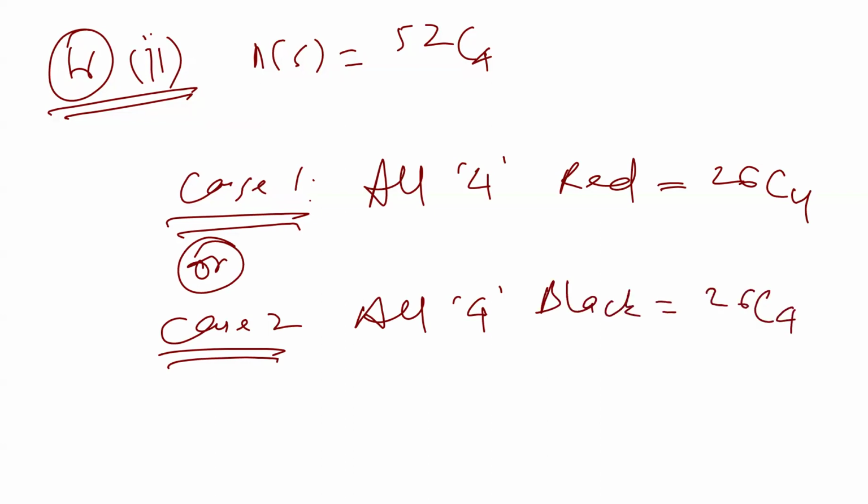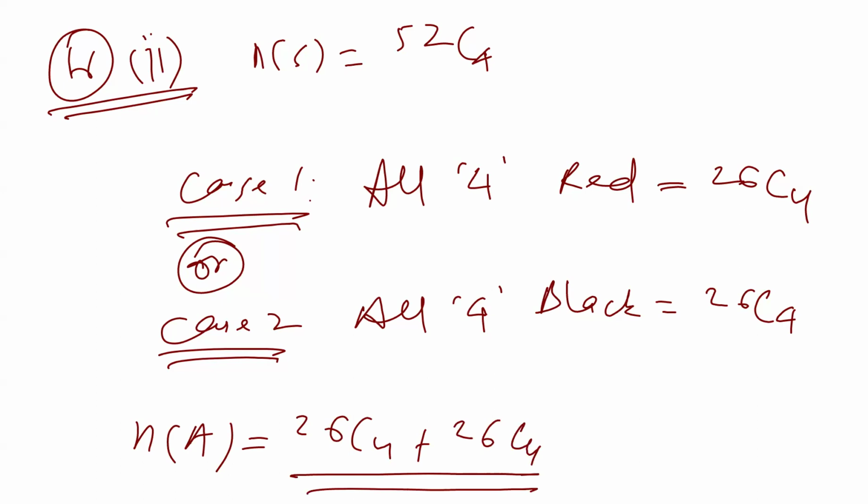So this is also 26 C 4, right? So if we add these two cases, n of A is equal to case 1 or case 2, 26 C 4 plus 26 C 4. And P of A is equal to n of A upon n of S.